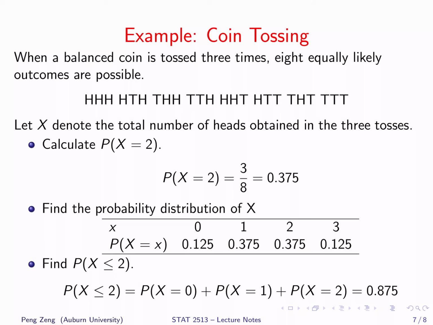What is the probability of X less than or equal to 2? This event includes 3 possible values of X, that is 0, 1, and 2. We need to add the corresponding probabilities together. 0.125 plus 0.375 plus 0.375 equals 0.875. Therefore, the probability of X less than or equal to 2 is 0.875.